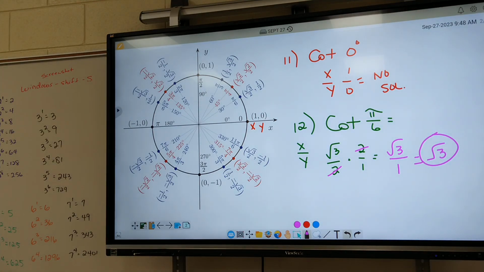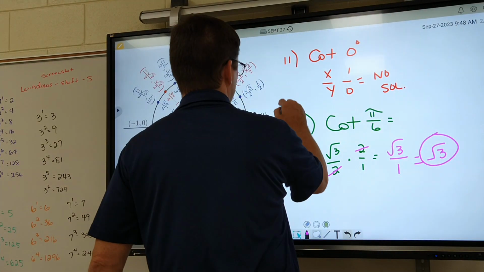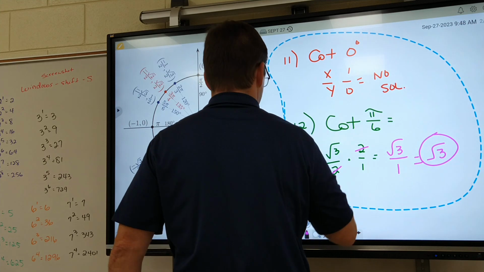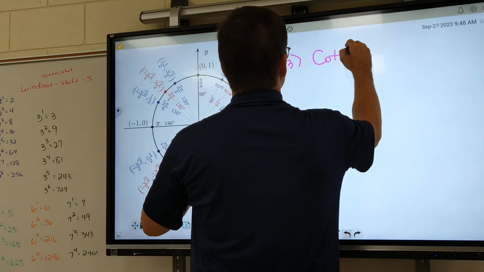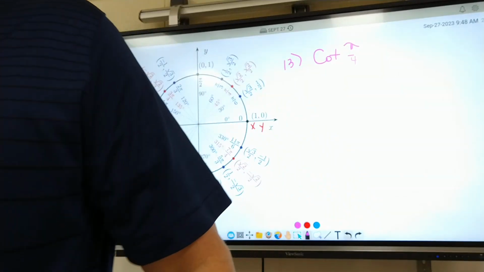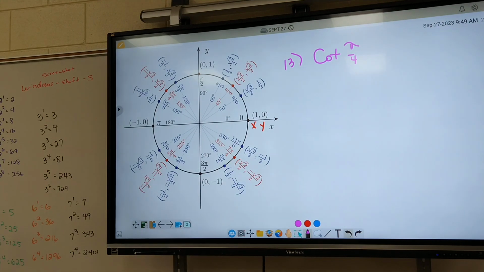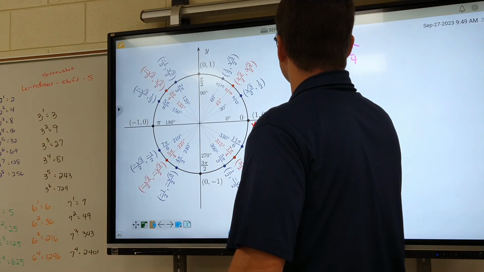All right, I'll show you a couple more, and then I'll let y'all do some by yourself. Y'all try 13. Cotangent, pi over 4. See if y'all can set up the keep change flip. Yes, ma'am. All right, so 13, formula is x over y.